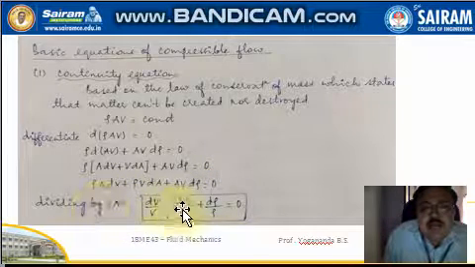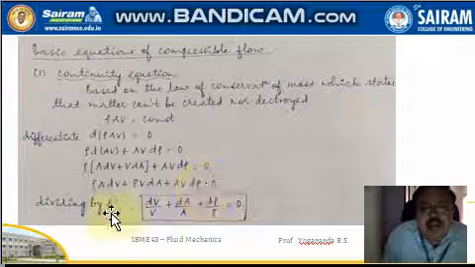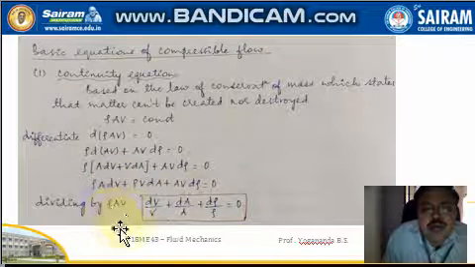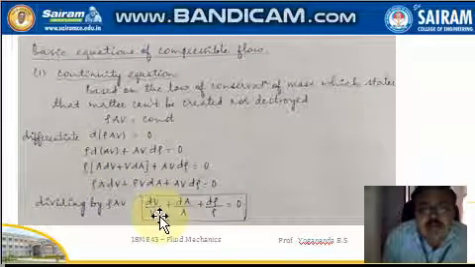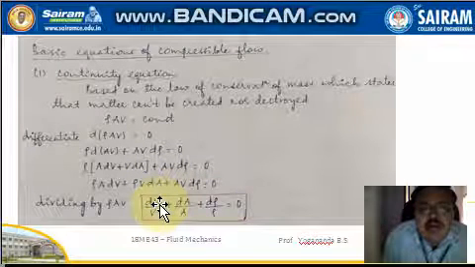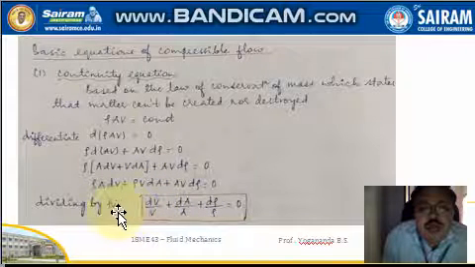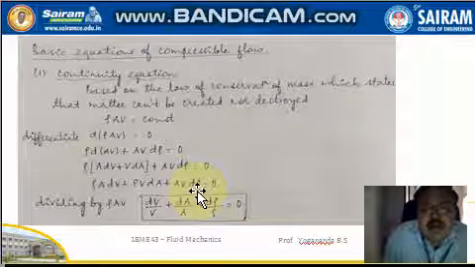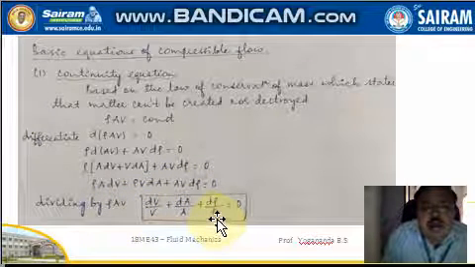Now, because we have rho, A and V in all three terms, dividing by rho AV on both sides, rho and A get cancelled in the first term, and we have dV by V. In the second term, rho and V get cancelled, and only A remains in the denominator, giving dA by A. In the third term, AV gets cancelled, and rho remains in the denominator.